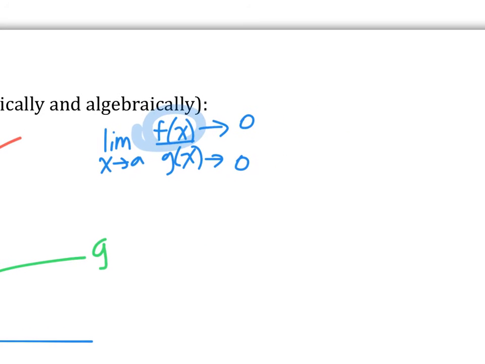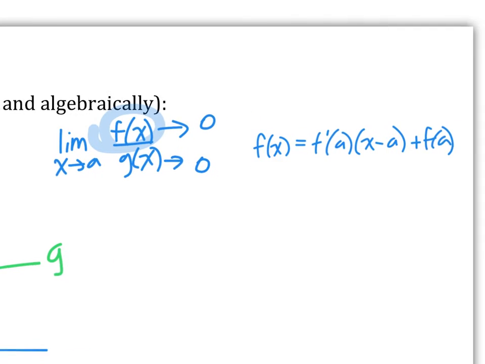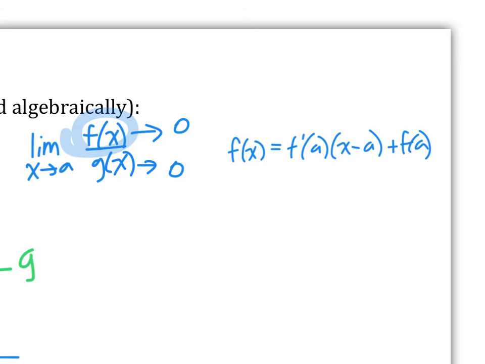Okay, so then f of x is equal to, using the formula from yesterday, f prime of a times x minus a plus f of a. The linear equation from yesterday. Okay, g of x is the same thing. g of x is equal to g prime of a times x minus a plus g of a.